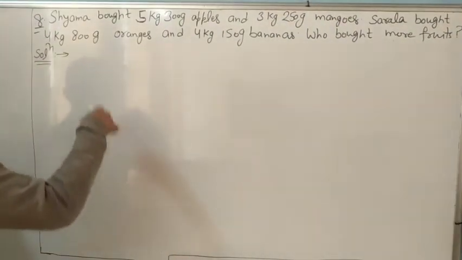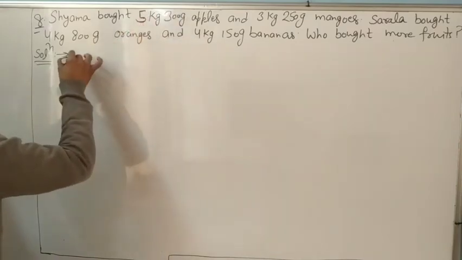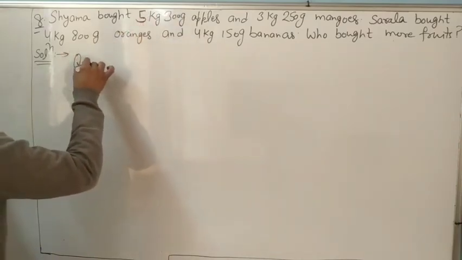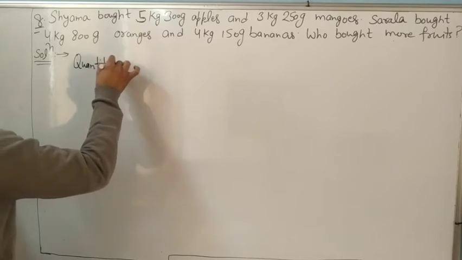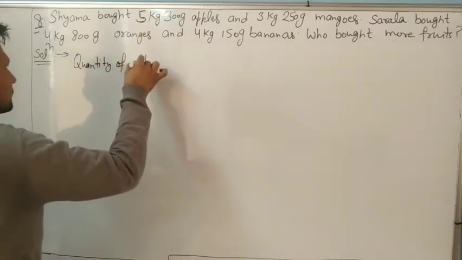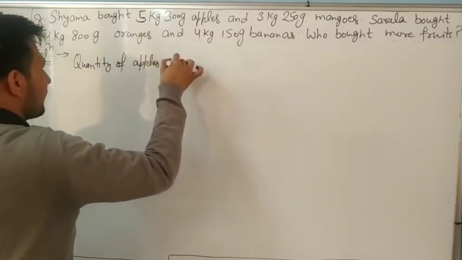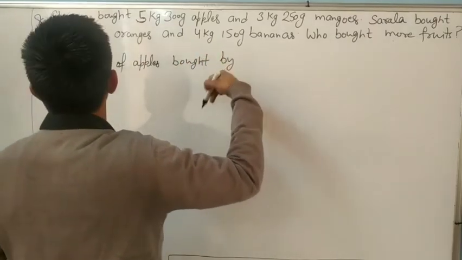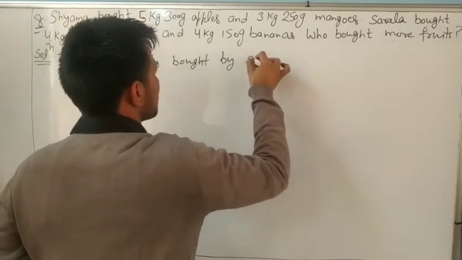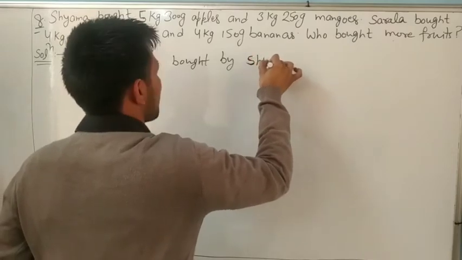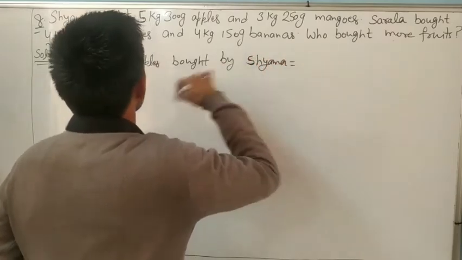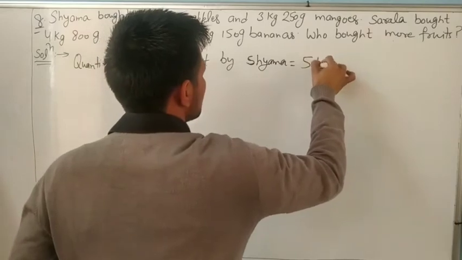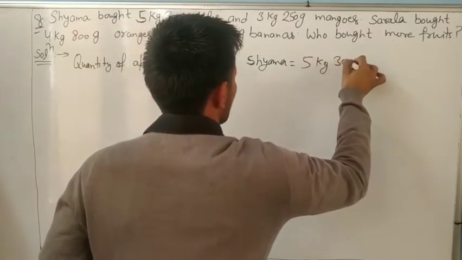Look at it, so write quantity of apples. Quantity of apples bought by Shyama. How much? 5 kg 300 gram.